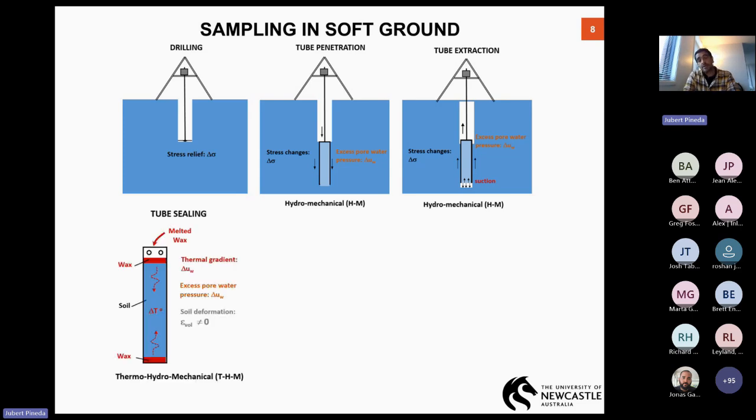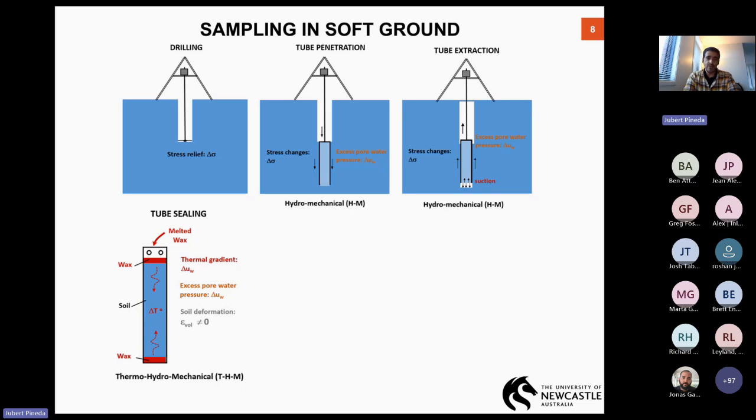After that, we have the sample out of the ground and we need to seal it to minimize moisture losses. And we normally use melted wax. To protect the sample, we put melted wax on the top and bottom ends, as you can see in this sketch at the bottom left-hand side. But wax must be liquid or semi-liquid, and that means that the wax induces a thermal gradient that travels from the tube's two ends towards the center of the sample, inducing most likely an excess water pressure in the case that there is no volume change.